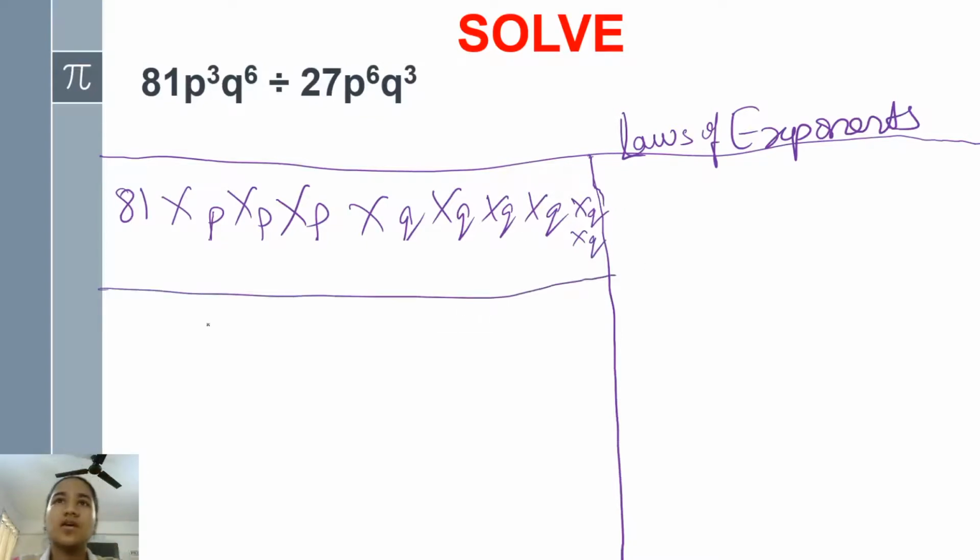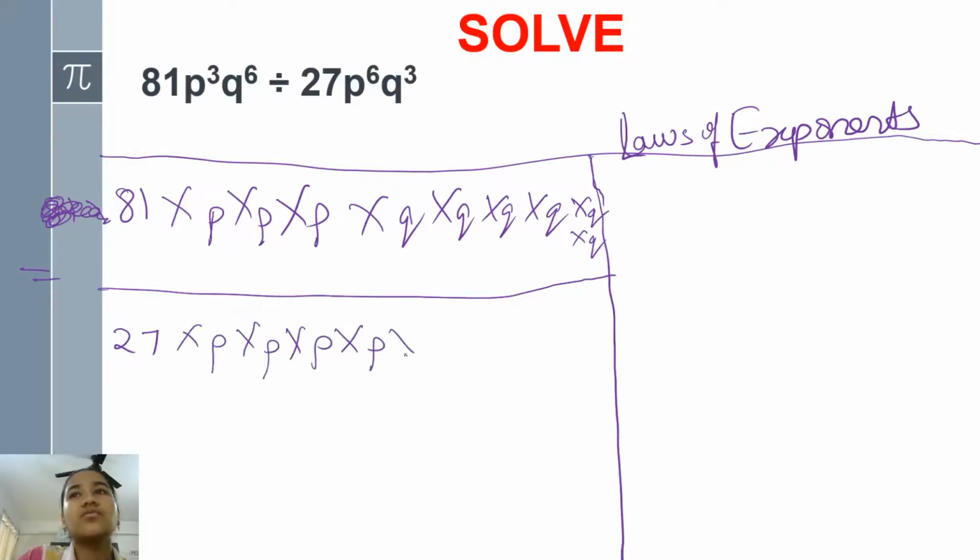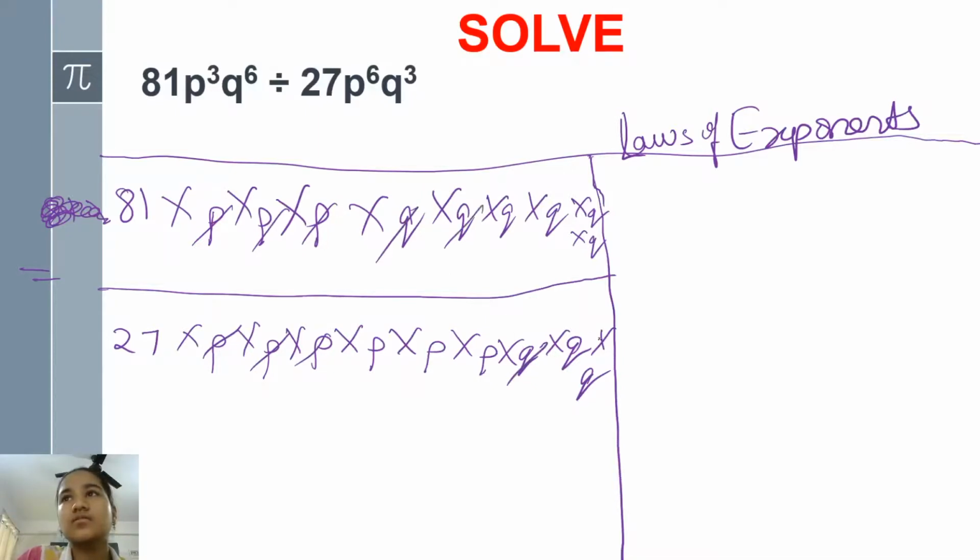Okay, and it's divided by 27 into p multiplied 6 times, 1, 2, 3, 4, 5, 6, and q 3 times, 1, 2, 3. So just cancel. P and p cancel. P and p cancel. P and p cancel. Okay, there are no p's left in the numerator. So q and q cancelled. Q and q cancelled. Q and q cancelled.